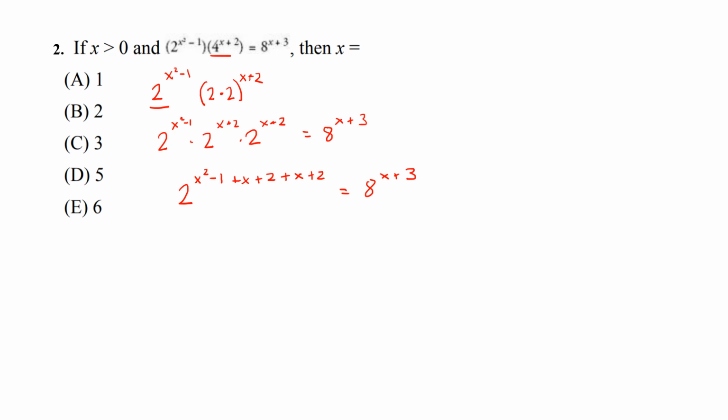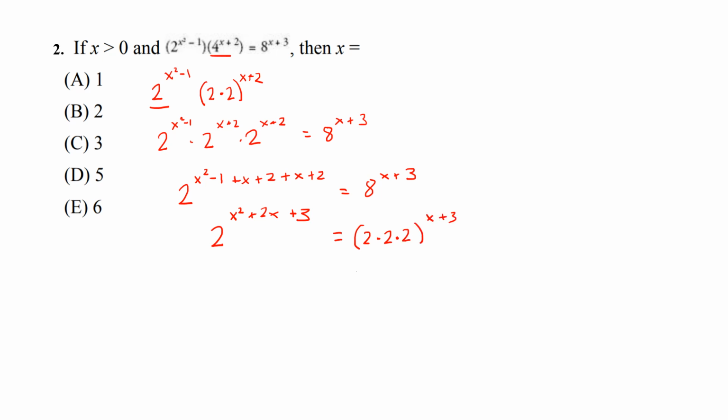And we know that we can decompose 8 to the x plus 3 as well, similar to how we did it before. Let's quickly simplify this. X squared plus 2x plus 3 equals. Now we can decompose 8 and try to get into base 2 by saying 8 is equal to 2 times 2 times 2 to the x plus 3.